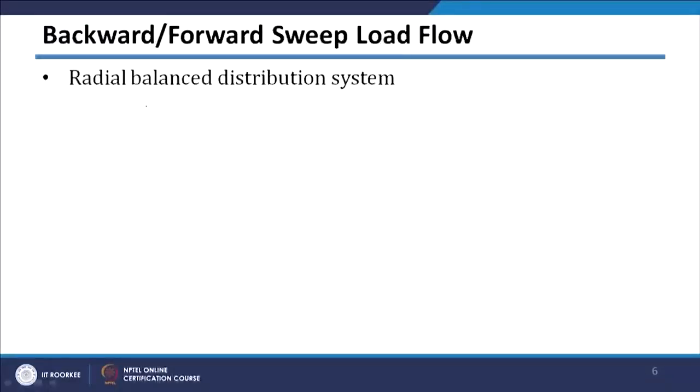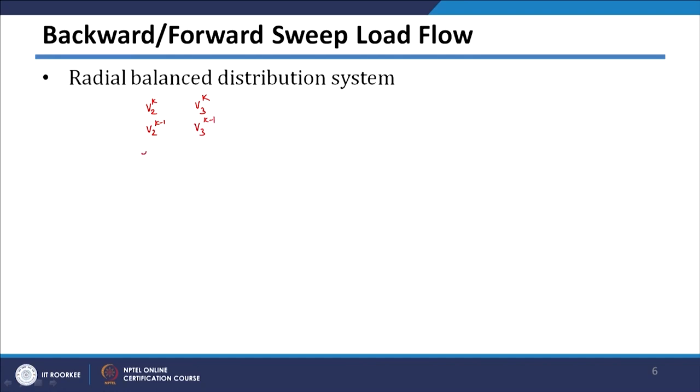So, how to check the convergence? Let us see. We have got values of V2 at say kth iteration, and V3 at kth iteration by doing many iterations, and we know the values of V2 at k minus 1 iteration also, and V3 at k minus 1 iteration also.